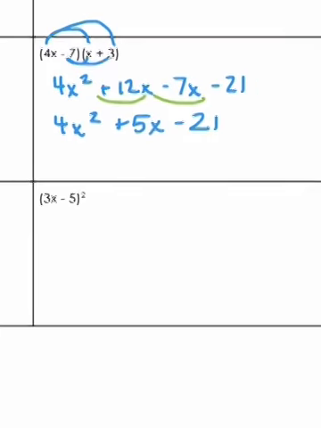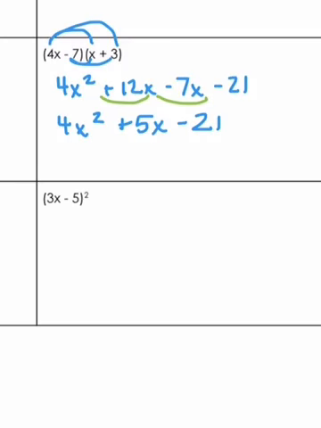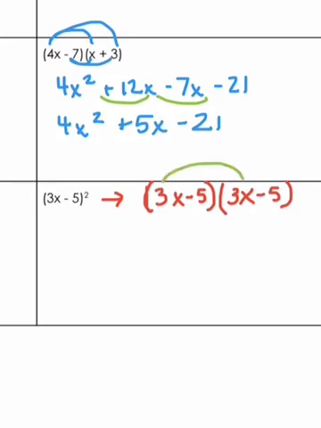Same thing here on this one. It says 3x minus 5 squared. So what that means for us is to write 3x minus 5 and 3x minus 5. And then we can FOIL. 3x times 3x is 9x squared. 3x times negative 5, negative 15x.